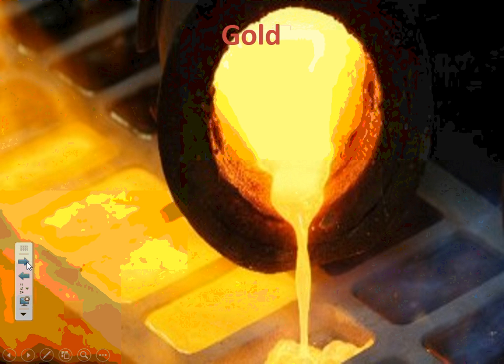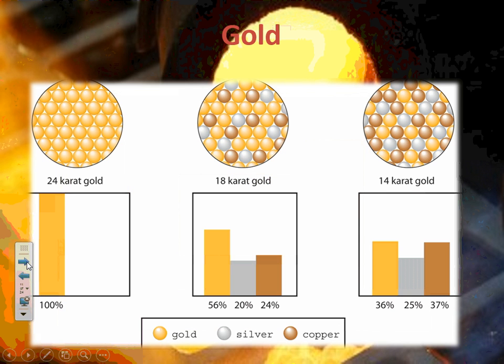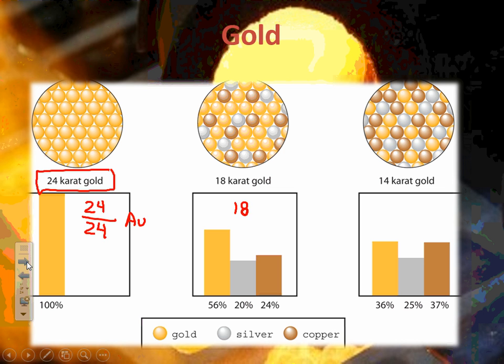Gold in the pure form is very, very soft. So usually when you have something made out of gold, it's an alloy. When we have 24 karat gold, it's 24 out of 24 parts gold. When you have 18 karat gold, we can say 18 parts out of 24 parts are gold atoms.